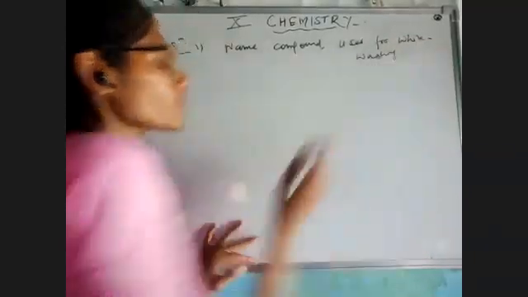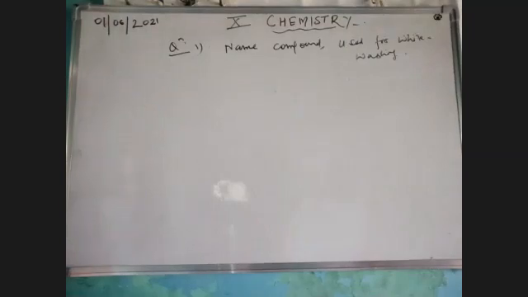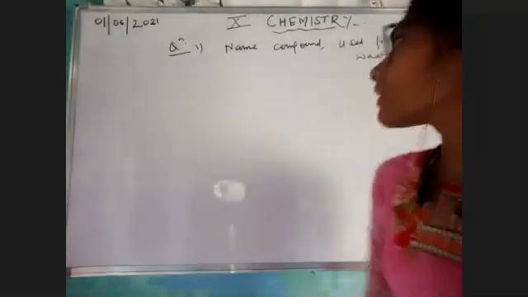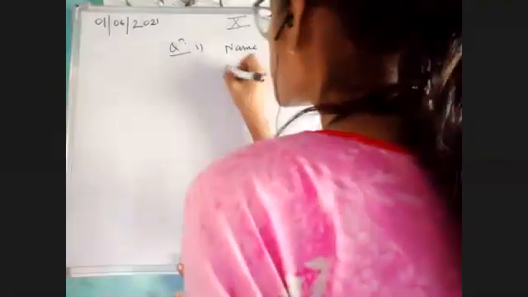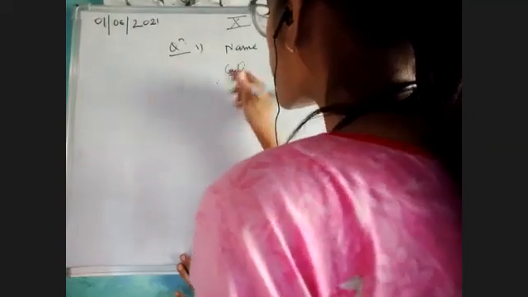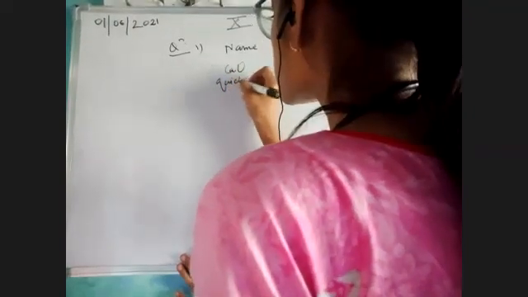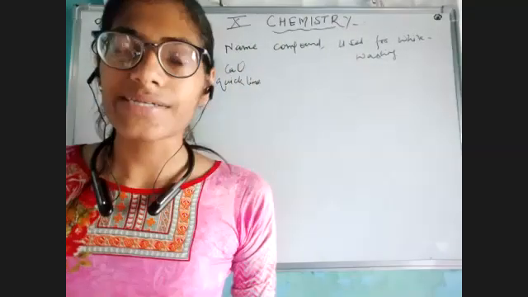I have told you that this can be classified in your combination reaction. It is calcium oxide, or we can say quicklime. That is the use of quicklime, that is calcium oxide.